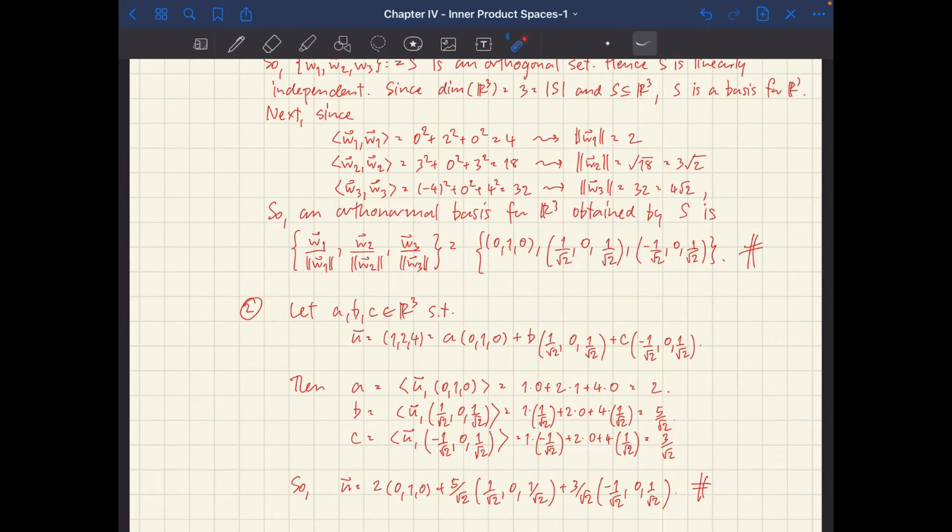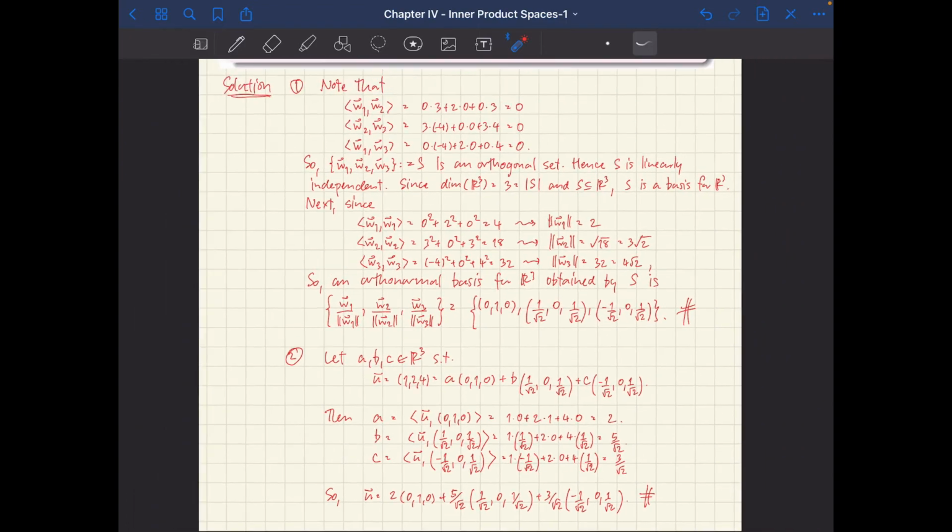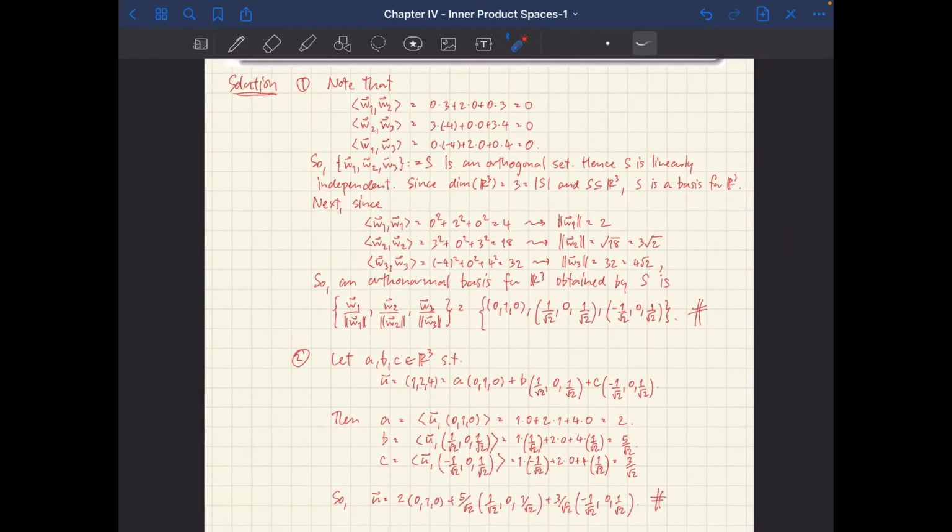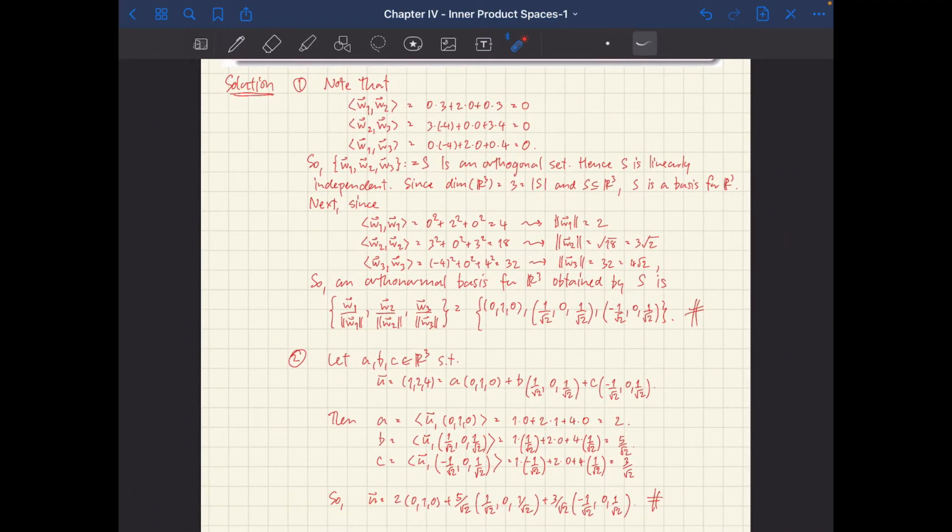So u is equal to 2 times the first vector, plus 5 over square root 2 times the second vector, plus 3 over square root 2 times the third vector. It's not hard. If you need to copy this page, please pause it.